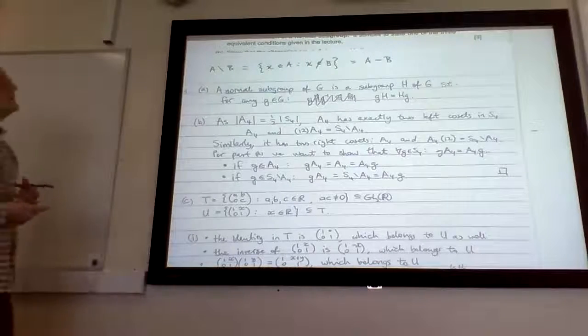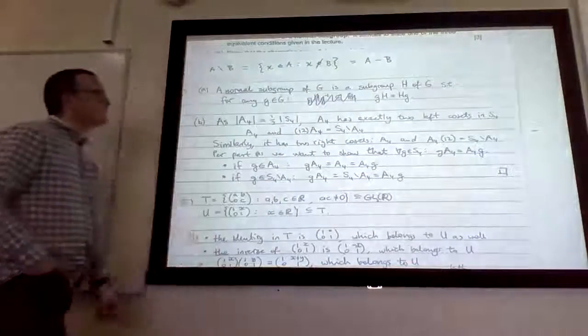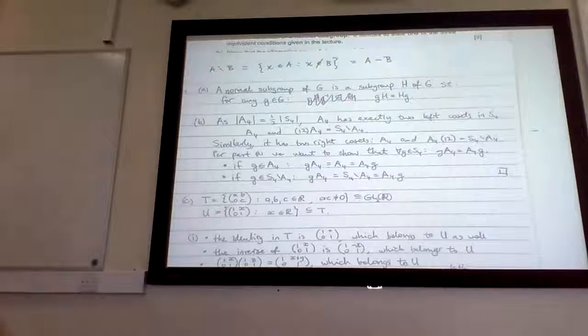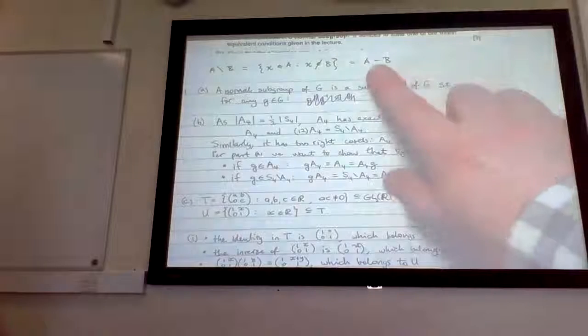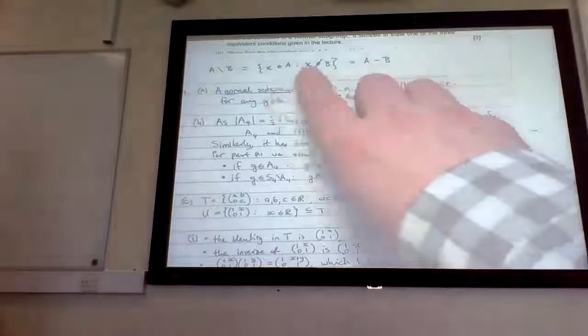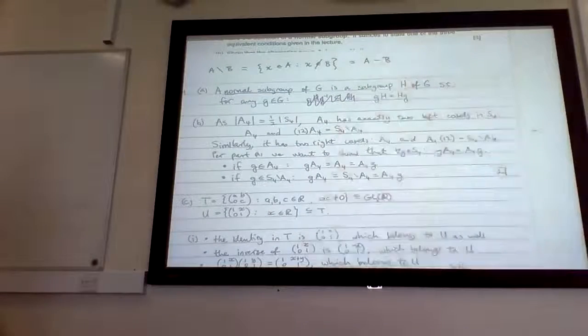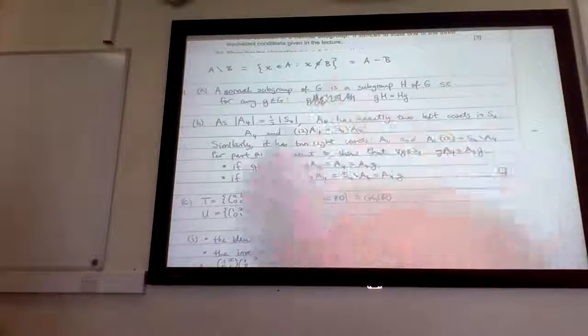I guess A minus B could tempt you to think of addition of sets or multiplication of sets. This is potentially confusing, especially when the things in A and B are numbers that might be subtracted. This has got nothing to do with subtraction of numbers. It's to do with removal of elements.